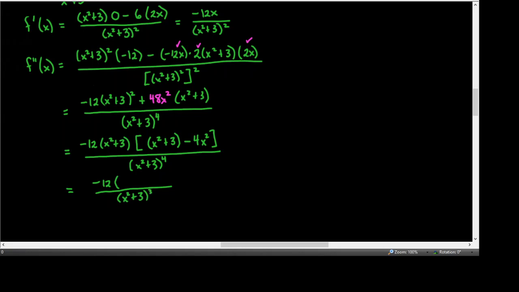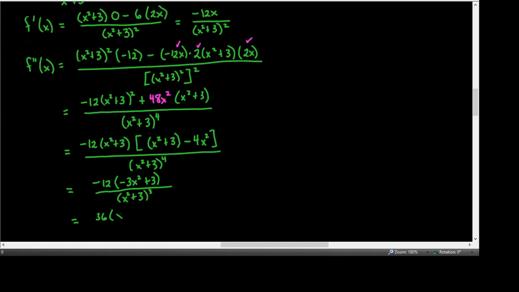leaving negative 12, and then inside x squared minus 4x squared is negative 3x squared plus 3, which has a common factor of negative 3. And if I pull that out, negative 3 times negative 12 is 36.